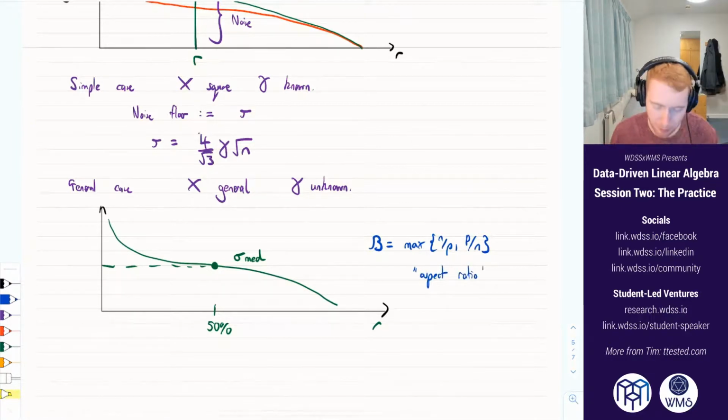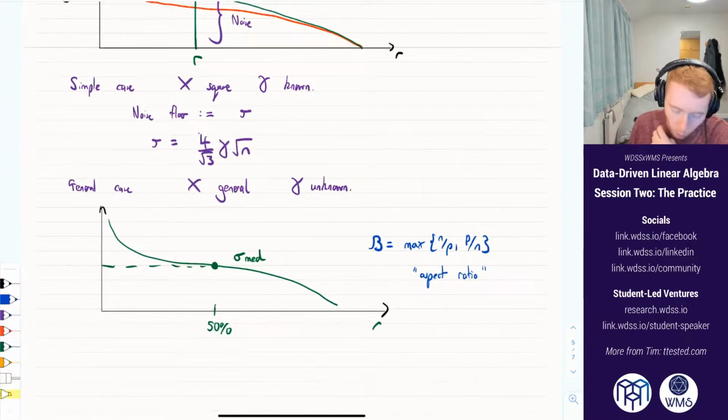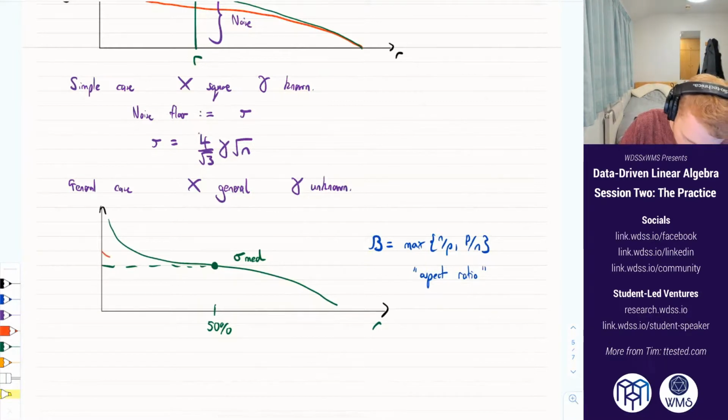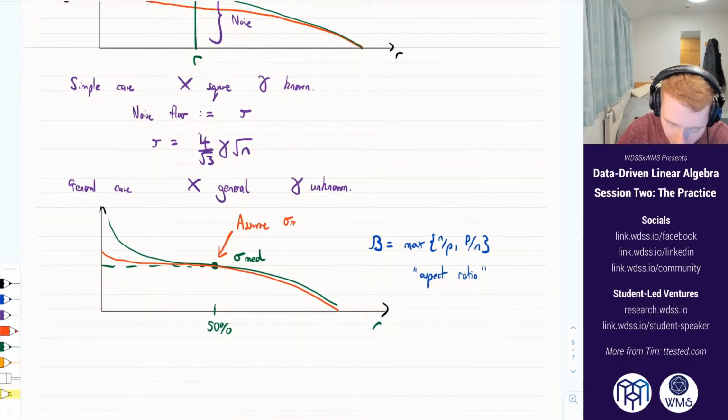It's the aspect ratio. And then, using some theory, we fit the best noise curve based on what the median value is and what the aspect ratio is. So we'll fit some noise curve, something like this, under the assumption that that sigma median is in the noise.